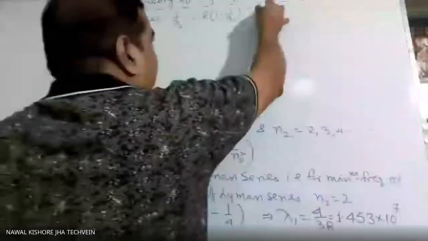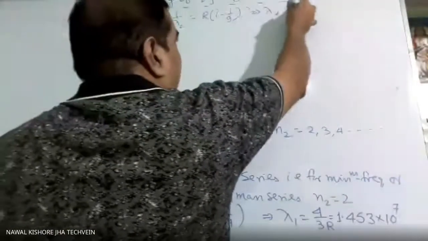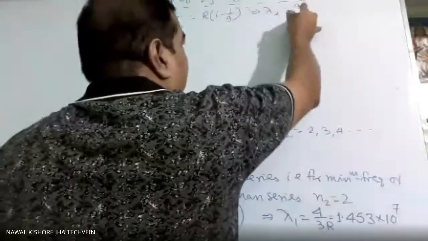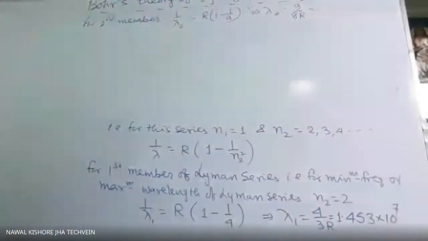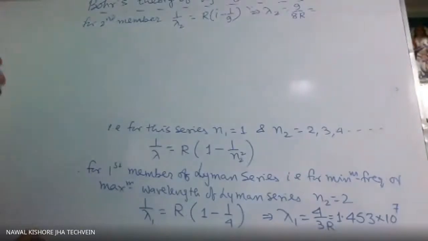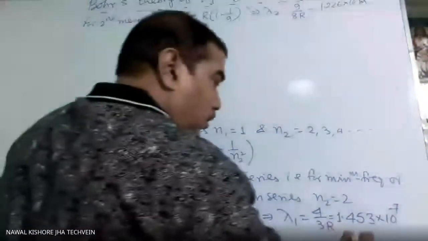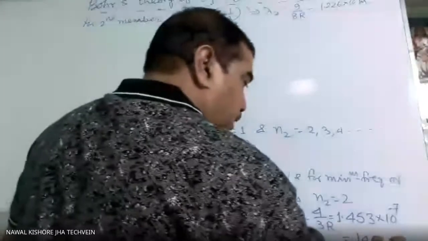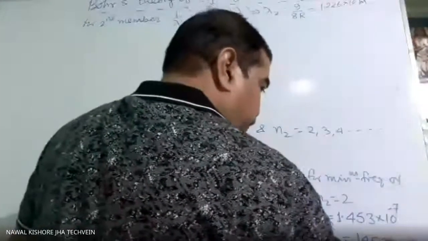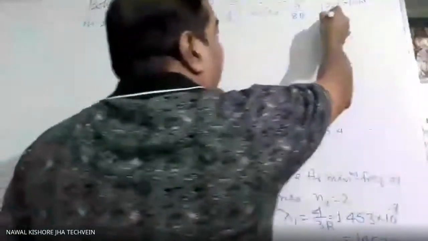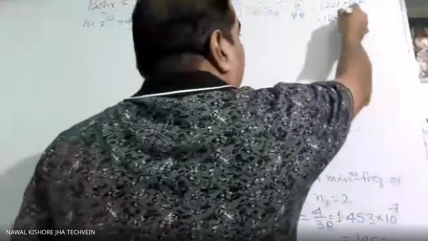That means this lambda 2 will become 9 by 8R. How much? It is 121.5 nanometer here, and here it will come 102.6 nanometer.